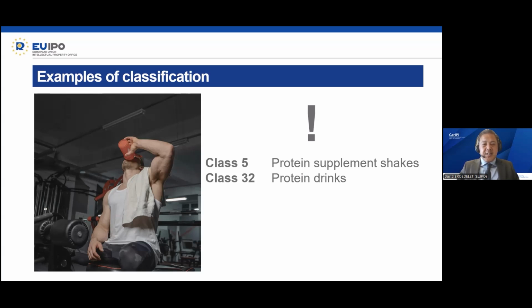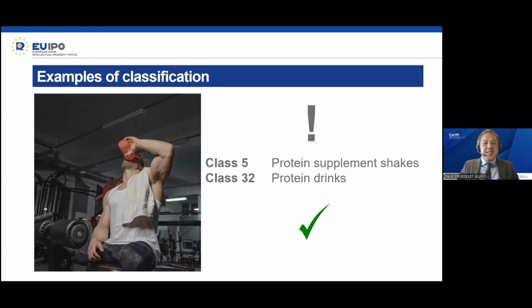However, if they say protein drinks, this has to be classified in class 32, because what we understand to be protein drinks is just a drink that you can buy in a supermarket that simply contains a bit of protein. And the protein shake is, as many of you may know, the powder that you have to mix into a shake, like you see in the photograph. So here, what we look out for is what it really says. Protein drinks, 32; protein supplement shakes, class 5.